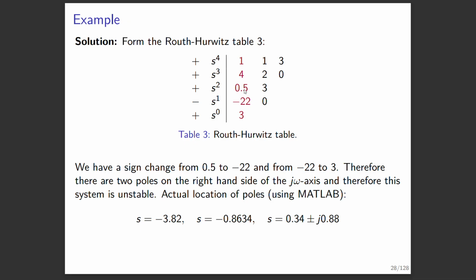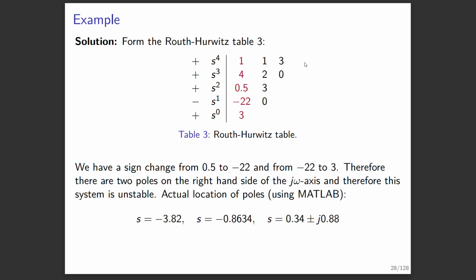Negative 11 divided by half is equal to negative 11 times 2, or negative 22. This element would be found by multiplying 0.5 by 0, which is 0, then subtract from it nothing times 4, which is again nothing. So it's going to be 0 minus nothing, it's just 0. And then you can find out the last element here.